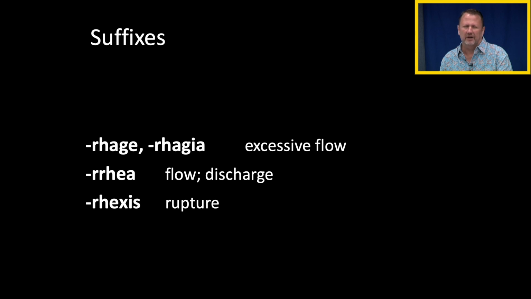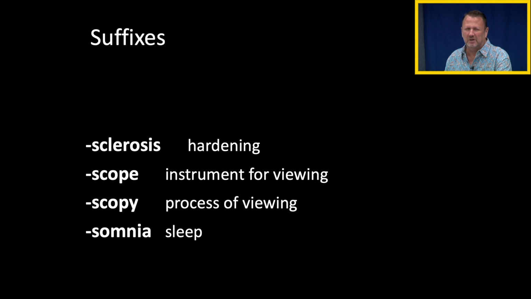I always miss the rhexis part when I get to this, but we'll talk about it when we talk about surgical things. Sclerosis means hardening, so atherosclerosis is a hardening, a scarring of the arteries. Arteriosclerosis is the hardening or the scarring of the arteries.